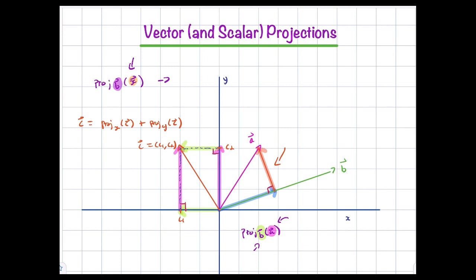So the same way that the projection of this vector c onto the x-axis was perpendicular to the projection of c onto the y-axis, and so we could decompose it into the sum of these two orthogonal vectors, the same way we can decompose a into its projection onto b plus this vector here, which is orthogonal to that projection. So you might hear this called the orthogonal projection of a onto b. This is a term that you might be hearing, and this is where that comes from: the idea that it allows you to decompose a into orthogonal vectors.